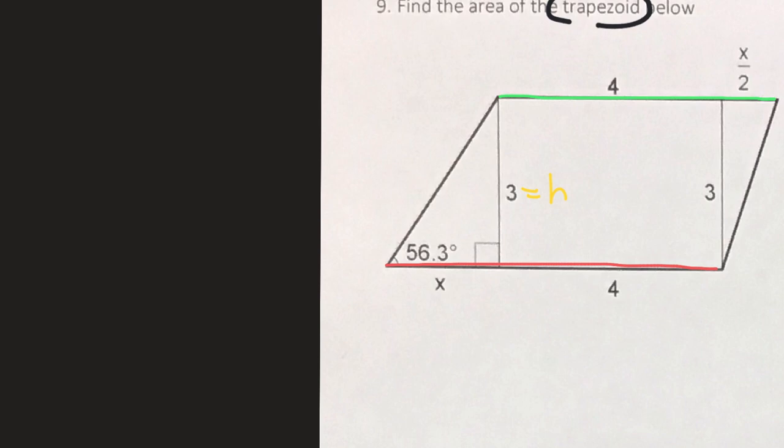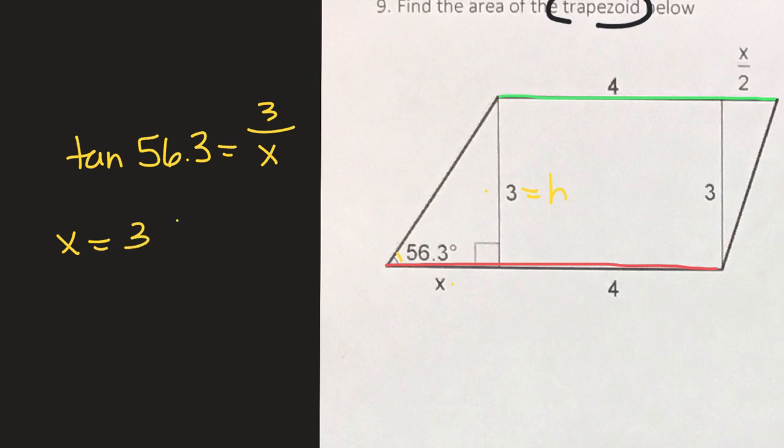It's trigonometry, of course. Okay, so for 56.3 degrees, 3 is the opposite side and x is the adjacent side. So opposite and adjacent is the tangent. So tan of 56.3 equals 3 over x. Okay, the opposite over the adjacent is the tangent ratio. So because x is in your denominator, we're going to end up dividing 3 by the tangent of 56.3.